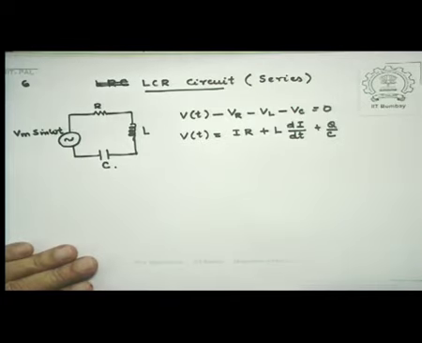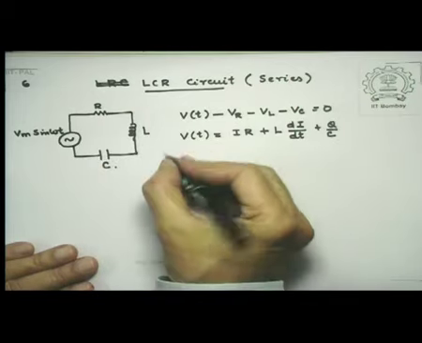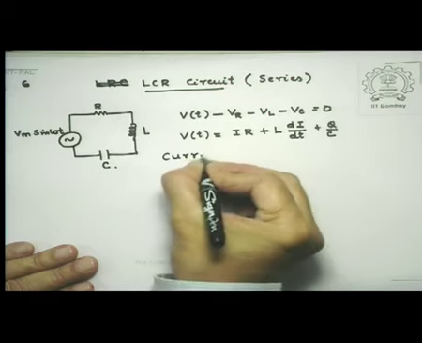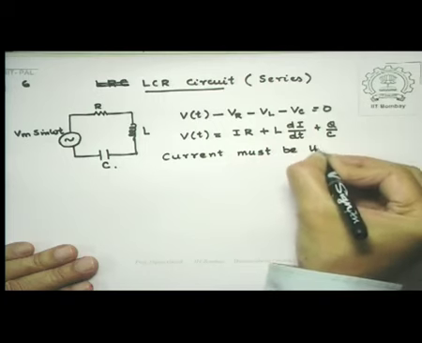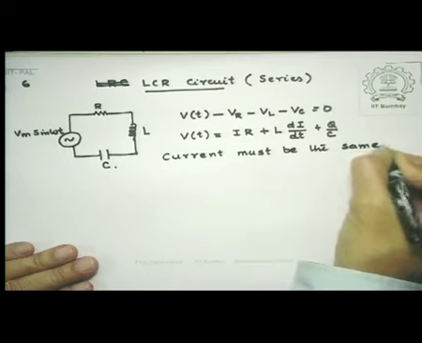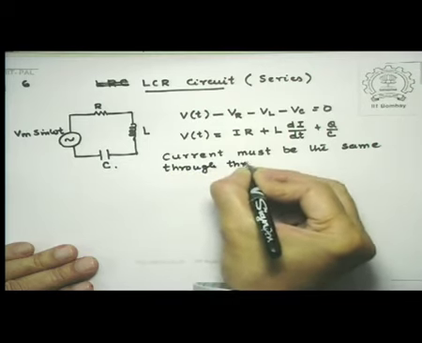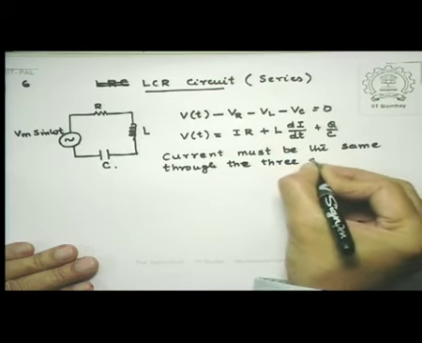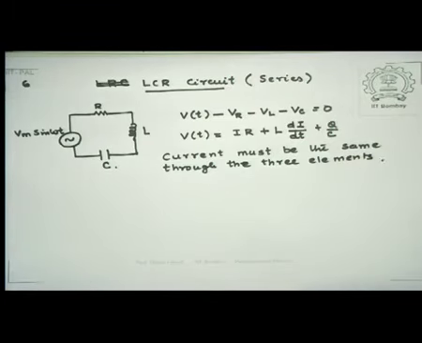So since they are in series, there can be a unique current through this entire thing. So the current must be unique through the three elements. In other words, the current that we are talking about should also have a fixed magnitude and a fixed phase difference with respect to this omega.